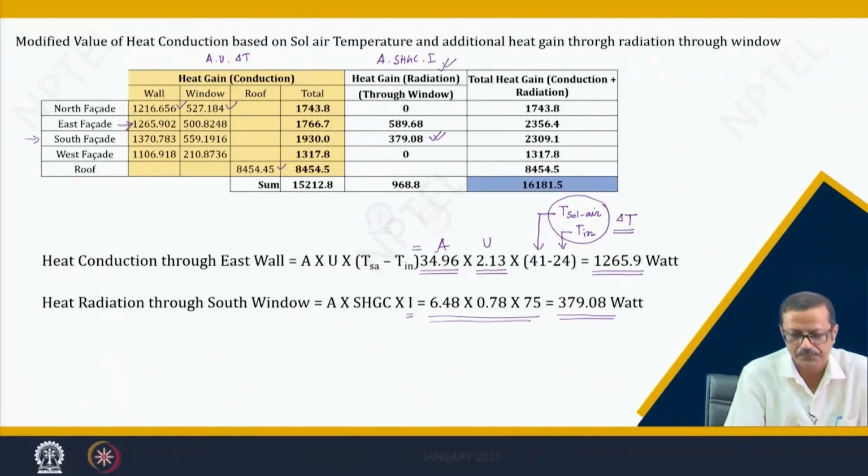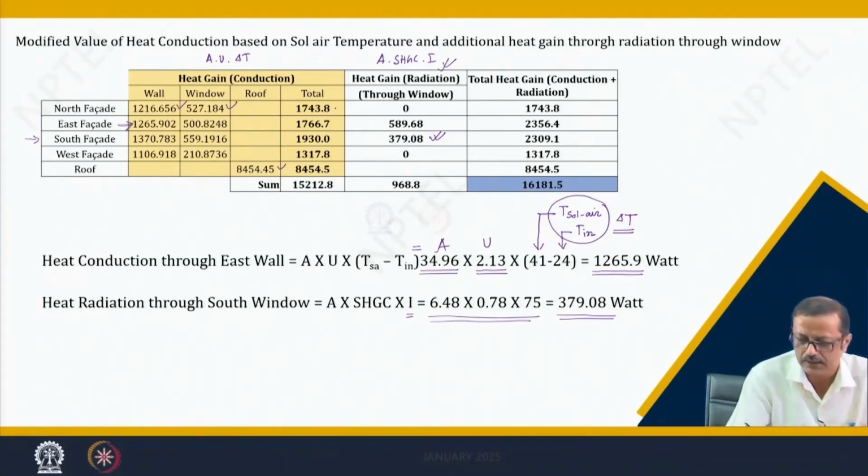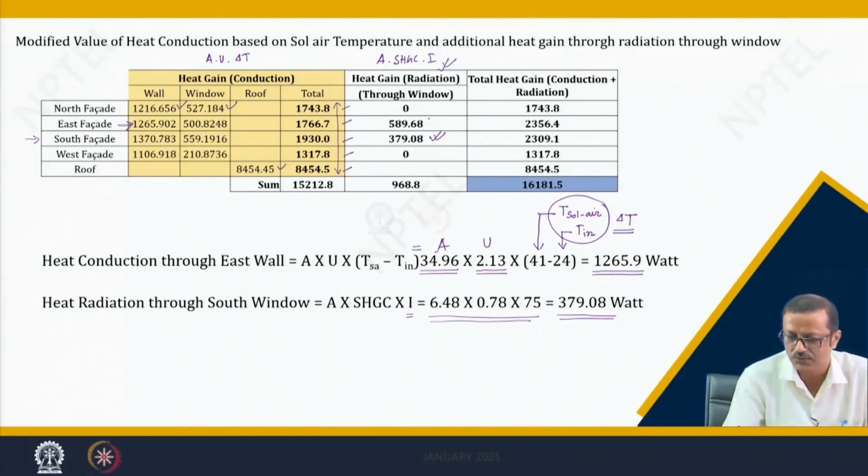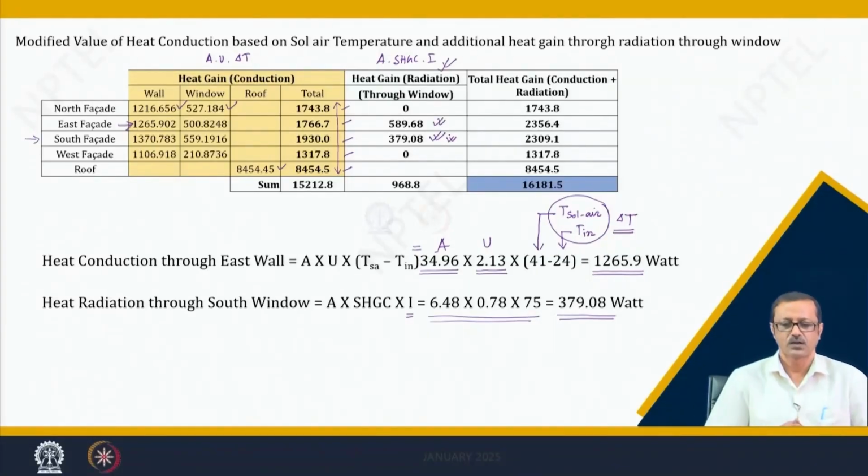Now, if you add up, you will get the total heat conduction through those 5 surfaces, starting from the north, east, south, west and the roof, plus these 2 values will be your total heat gain for the radiation through the window, because only the east facade and the southern facade have the solar radiation.